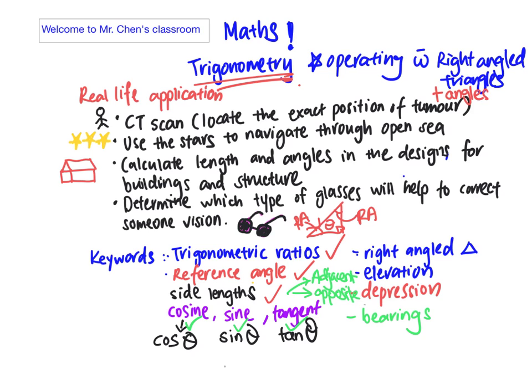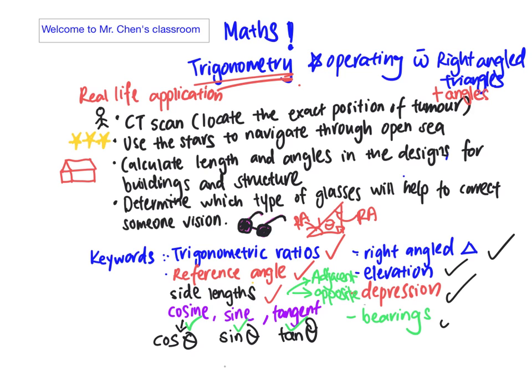And obviously we will need a right angle triangle, and we will also talk about elevation and depression. Depression here is not the mental health issue, it is something else related to trigonometry. And lastly, we have bearings.